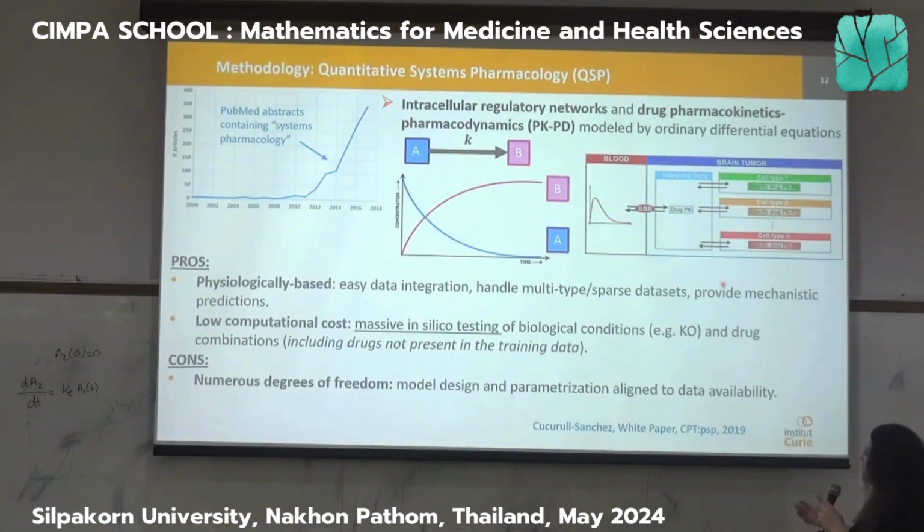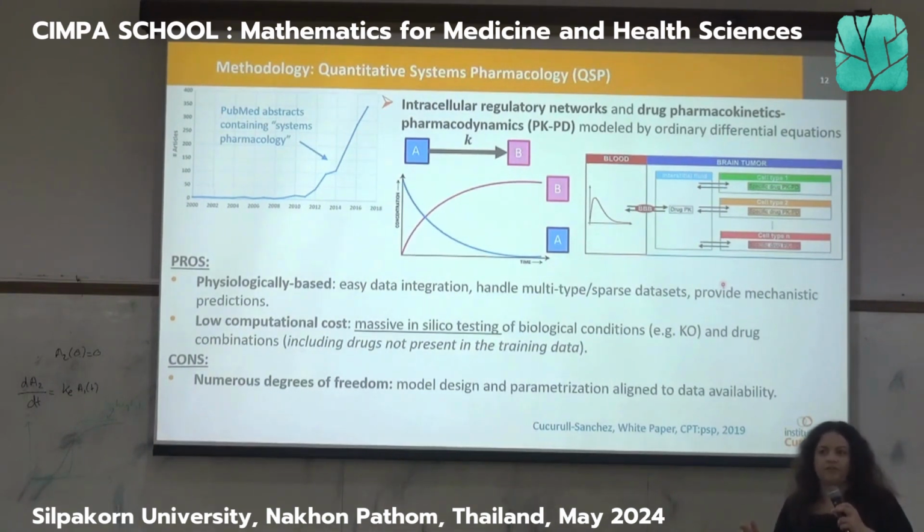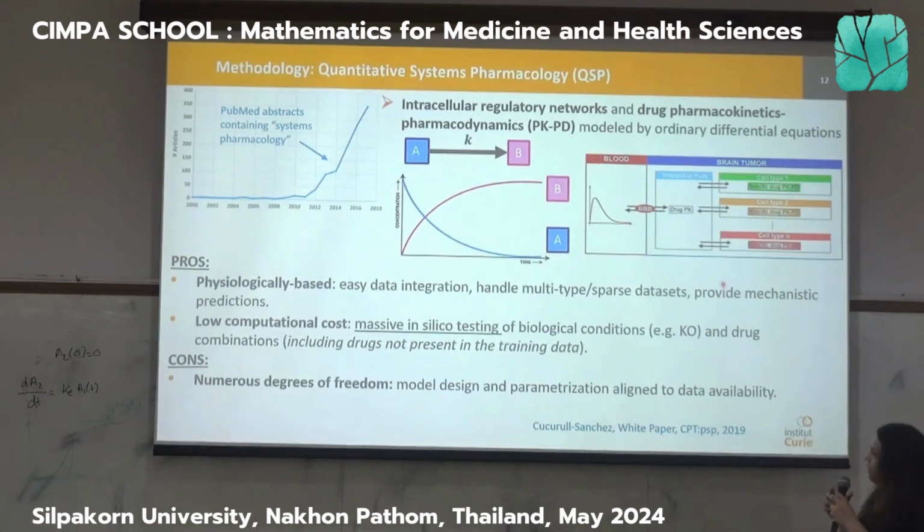And basically, at the end, what you have is what we sometimes now call digital twins. Maybe you have heard about this. So the idea is that you have an in silico representation of your system, and you can have ideas about the mechanisms which are at stake.